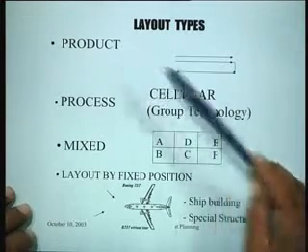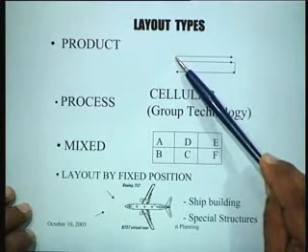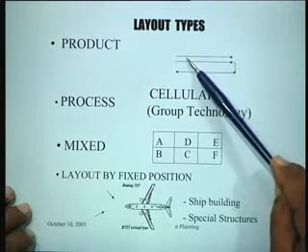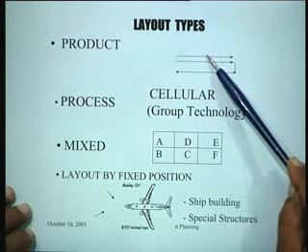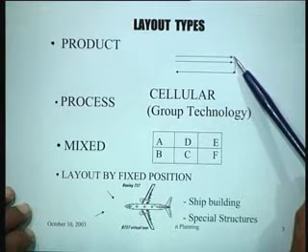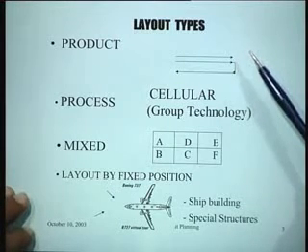A product layout is essentially one where a product enters the line on one side and you keep on performing different operations on the product till finally the finished product comes out on the other side. So all assembly lines, for instance, are typical examples of product layouts.